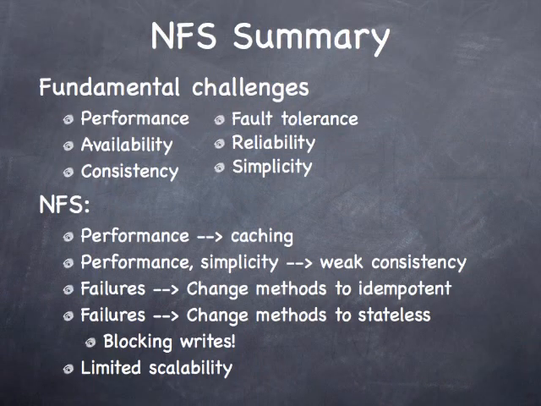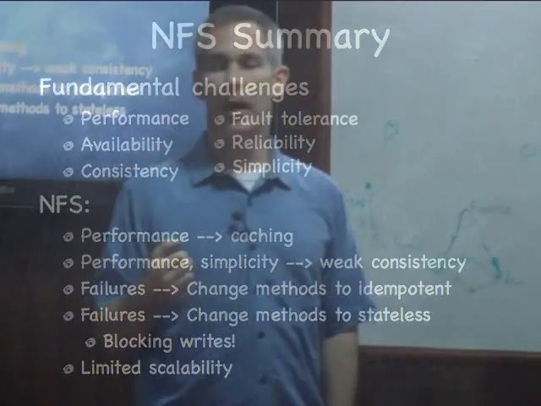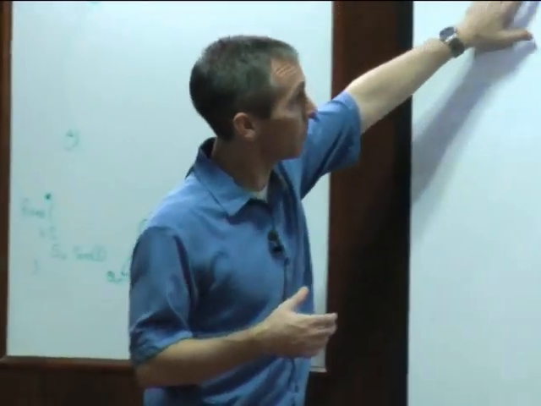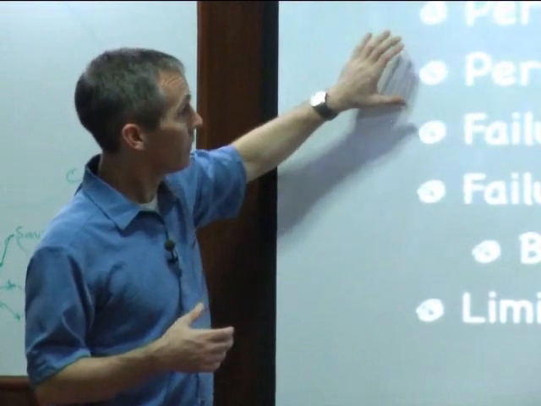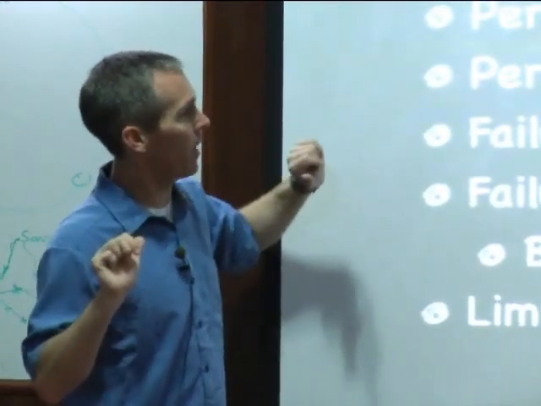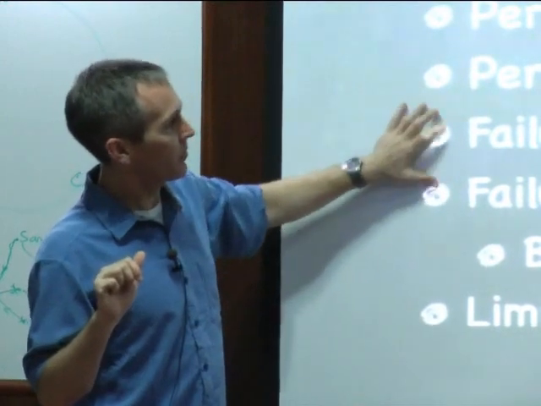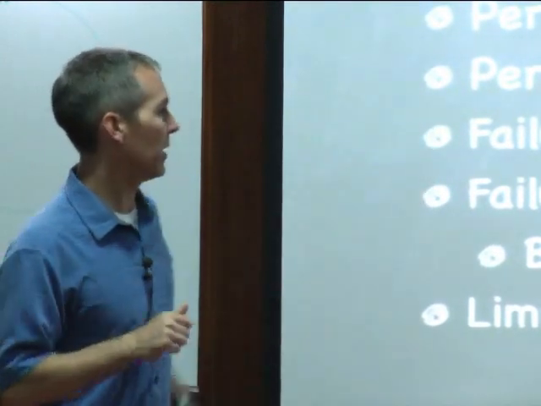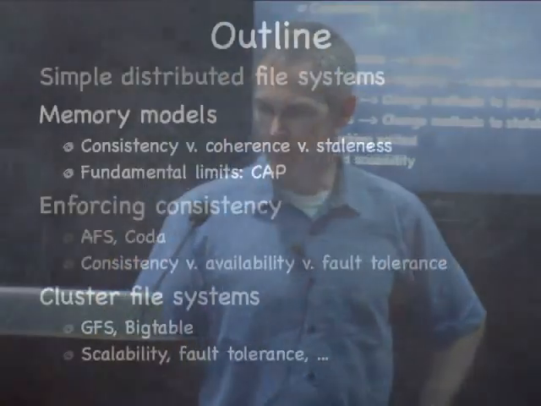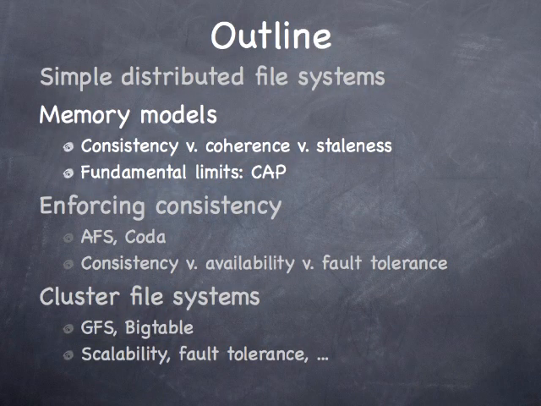If we go back to this set of fundamental challenges that we started with, NFS for the performance problem went to caching. For performance and simplicity, making that balance, they decided weak consistency would have to be good enough. To deal with failures, they had to change the methods, and they didn't deal with scalability too much. So that's this background.